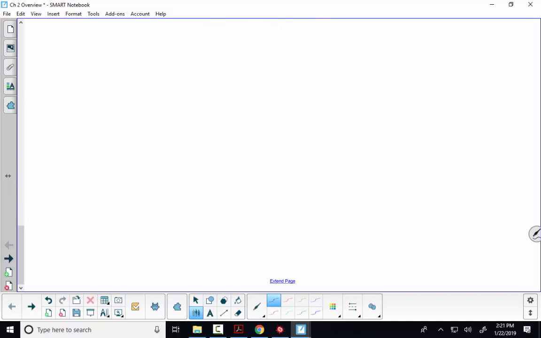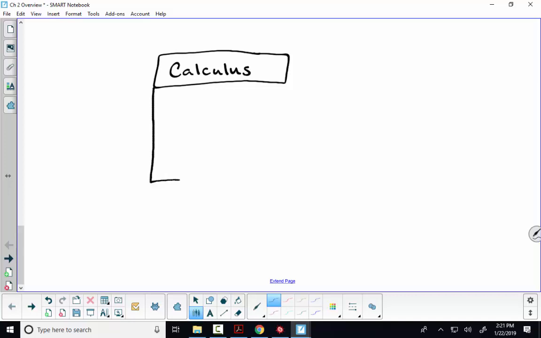So, my crummy diagram here. Calculus is really studied in 2 parts. There are 2 main pillars to calculus. We get really familiar with one and somewhat familiar with the other in Calc 1.